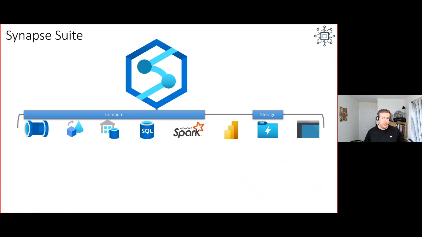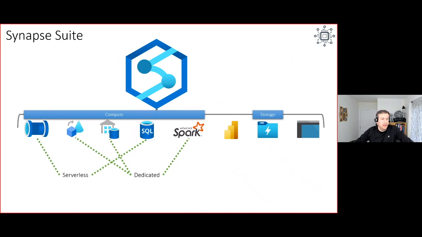Now, just to go into that compute a step further, the way Microsoft talk about that compute, which I think is important to understand, is serverless and dedicated. And what does this mean for us? Well, to draw some lines here between what we have available, I'm calling out the integrate pipelines and that SQL on demand as serverless compute.